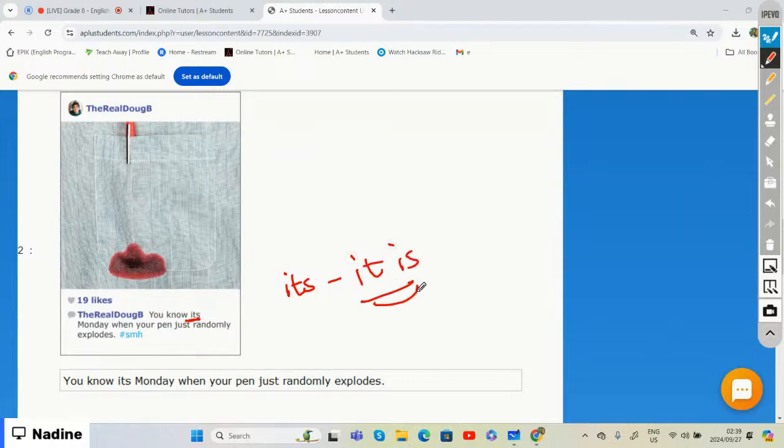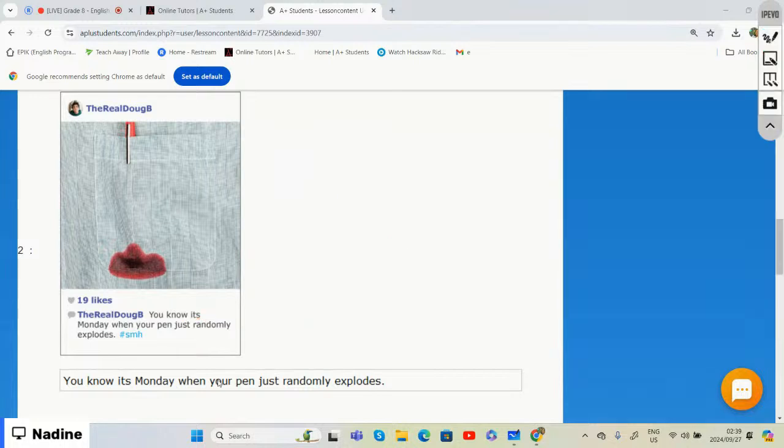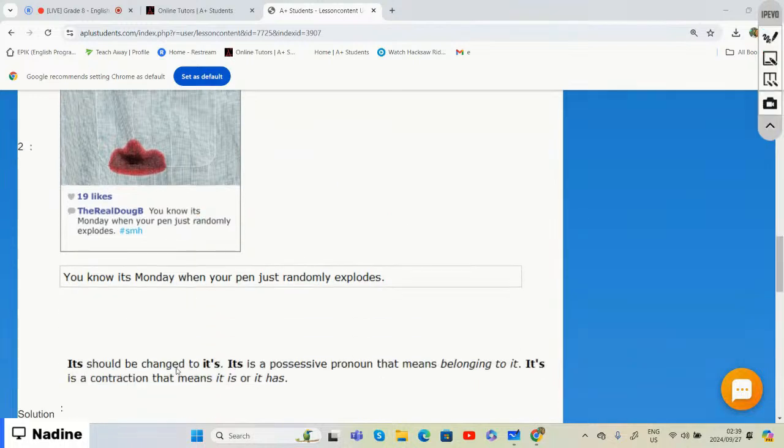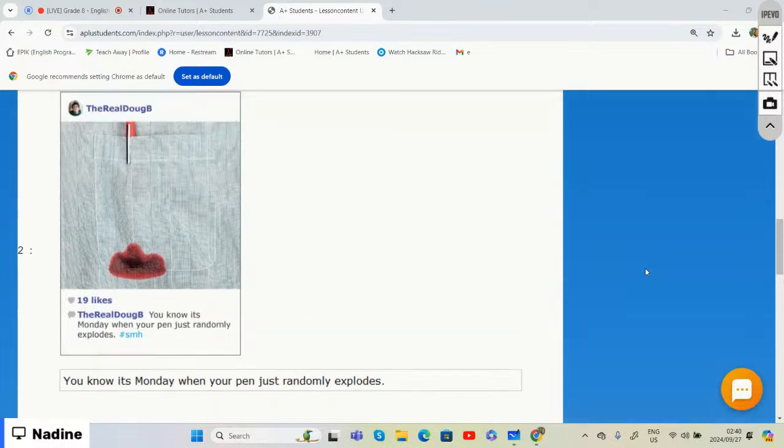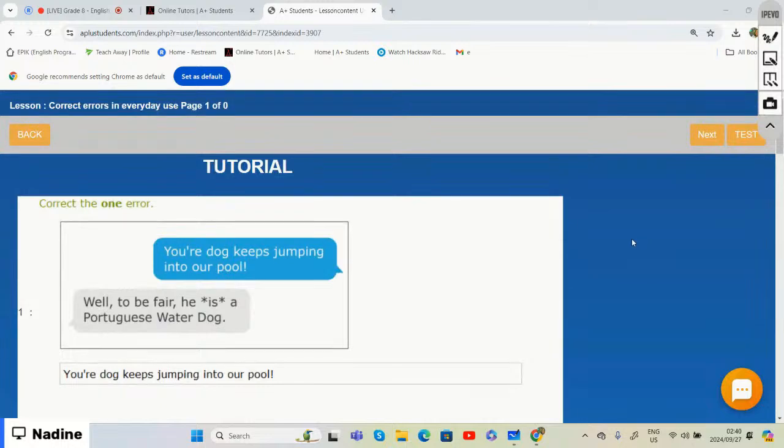So this one is incorrect. It should have been "it's" with an apostrophe s, right? Because the word "its" shows possession, belonging to it. But "it's" is a contraction, apostrophe s, for "it is." It's like saying it is Monday when your pen randomly starts exploding.